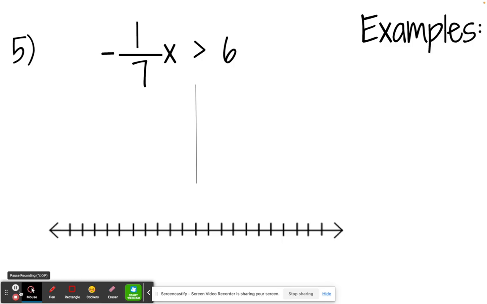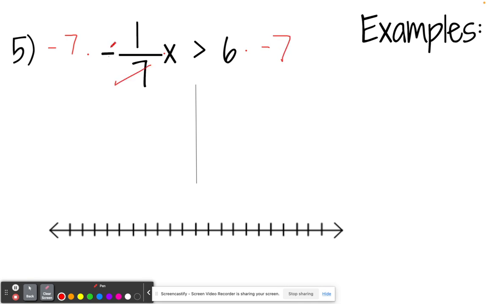Example number 5. I have a total of 6 examples, so I'm almost done. Okay, I'm going to send home this negative 1/7 that's being multiplied by my x. So my friend has a bad attitude, so I'm going to multiply both sides by negative 7, or negative 7 over 1. Multiply by negative 7.